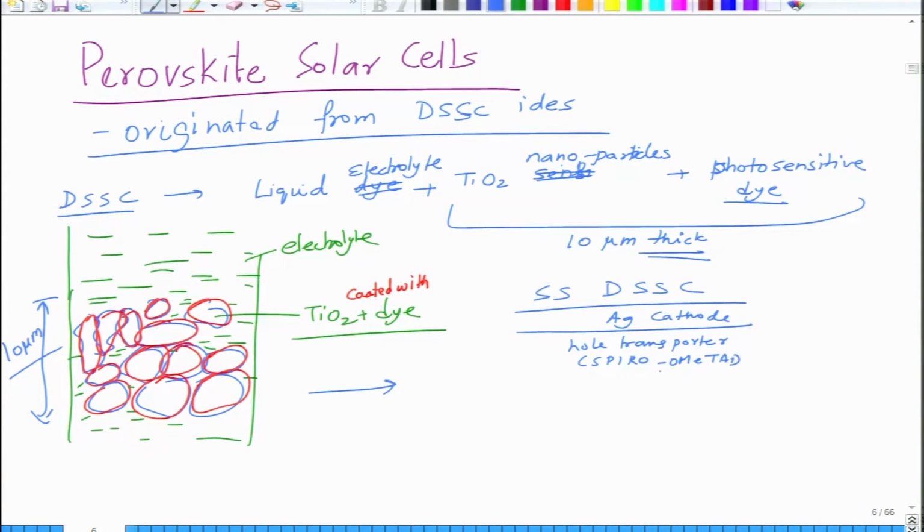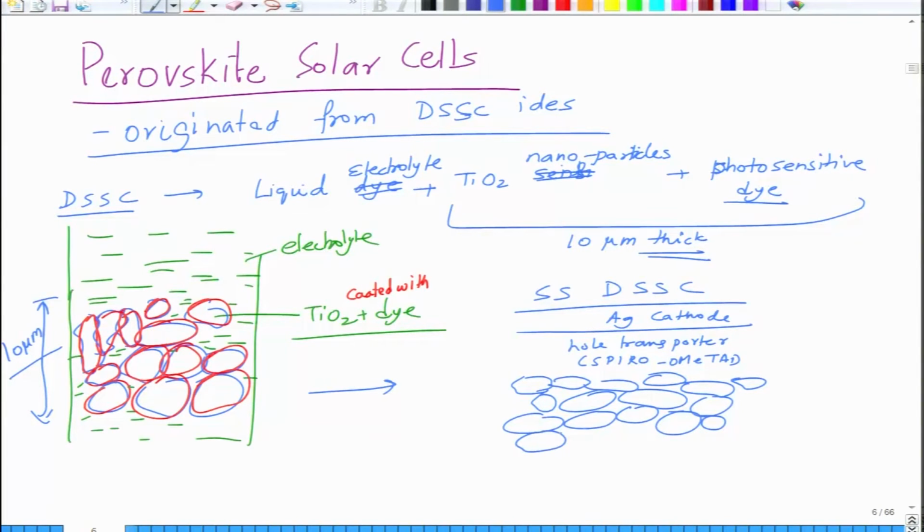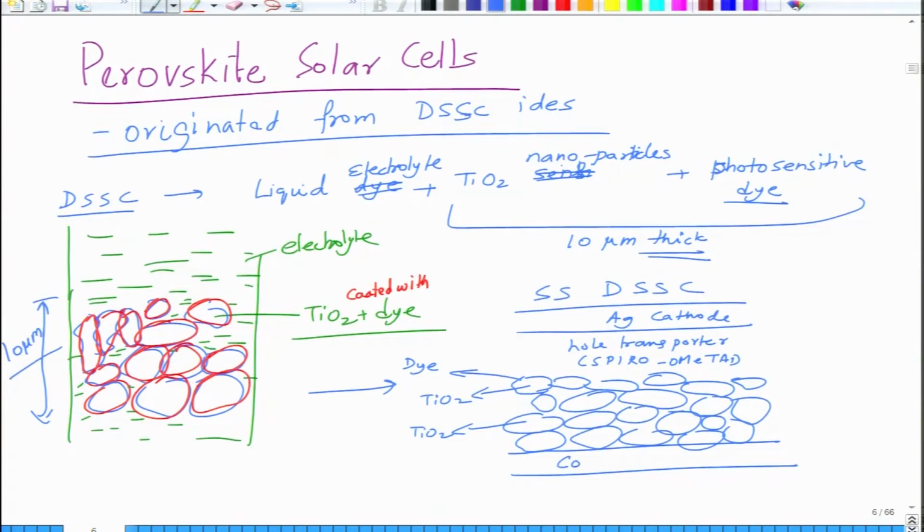And in contact we also had these TiO2 nanostructures, coated with dye on the surface, and then this was in contact with a compact TiO2 layer, and this is in contact with the anode, let us say FTO, fluorinated tin oxide, on glass.